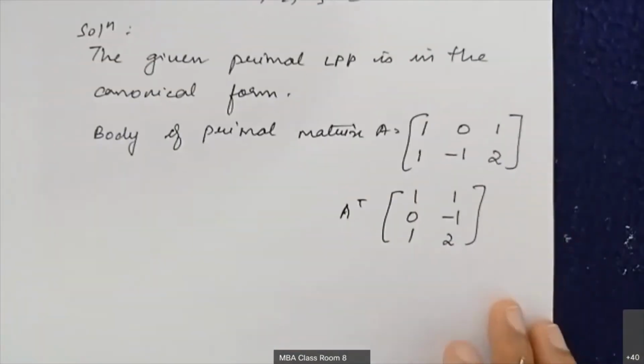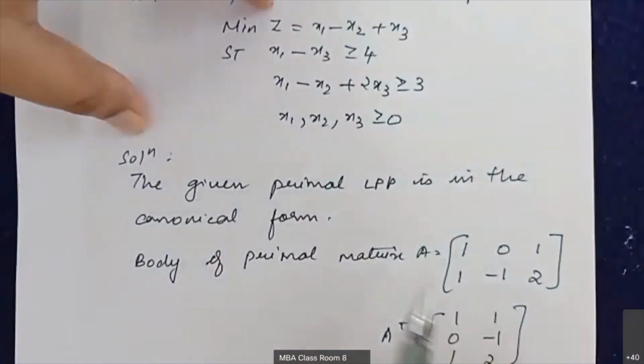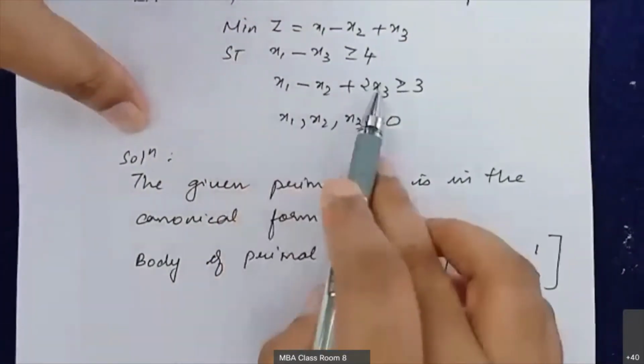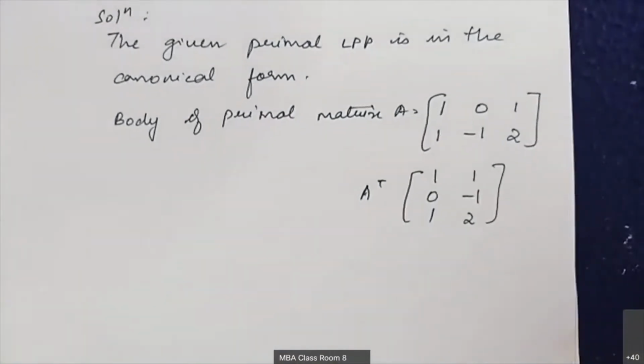Okay, so since we got this much, how many constraints are there in the canonical form? There are 2 constraints. Okay, so how many variables will be there in the dual? There will be 2 variables.